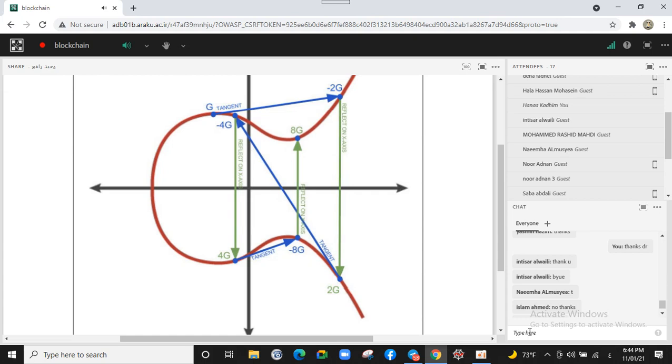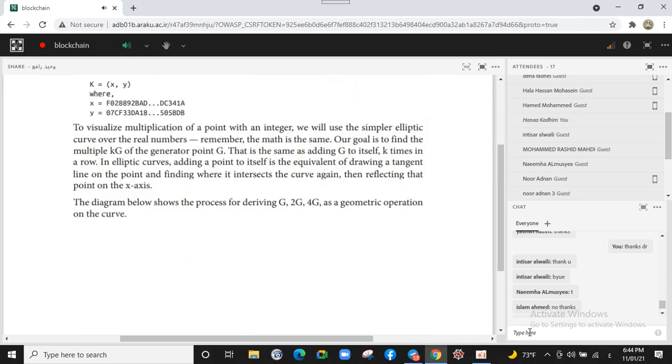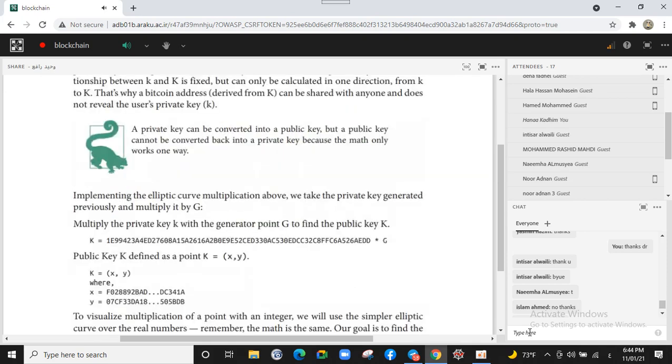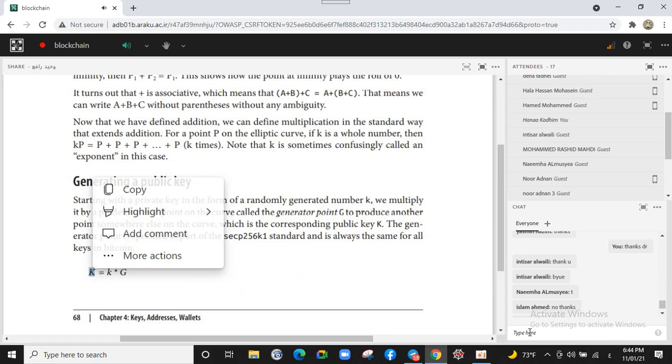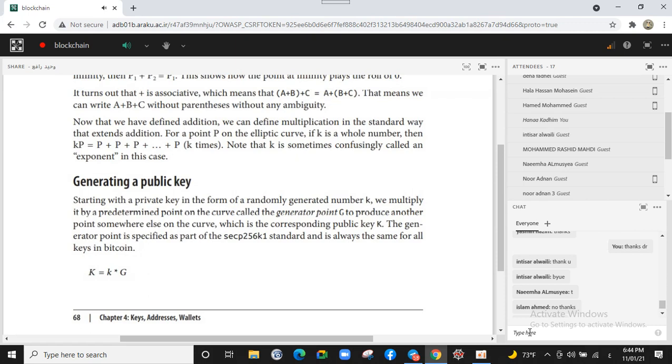If I can find K times G, then it means that I can find this equation, and I can find this big K. This is the key. This is the public key.